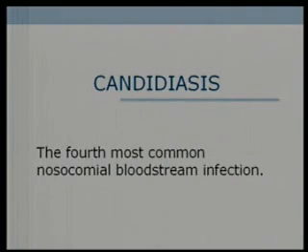Candida is the fourth most common nosocomial bloodstream infection. In fact, Candida and two others we're going to talk about, Mucor and Aspergillus, are the leading causes of hospital infections.